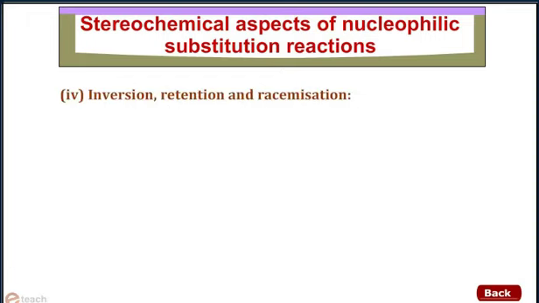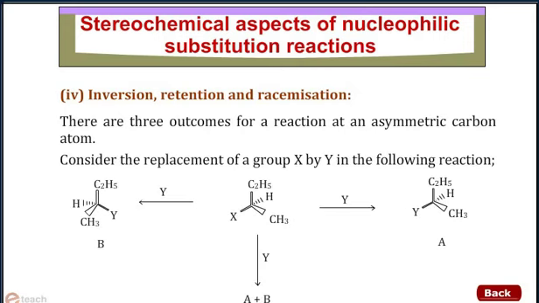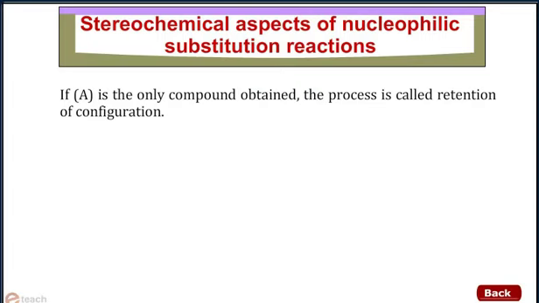The fourth one is inversion, retention, and racemization. There are three outcomes for a reaction at an asymmetric carbon atom. Consider the replacement of a group X by Y in the following reaction. If A is the only compound obtained, the process is called retention of configuration.